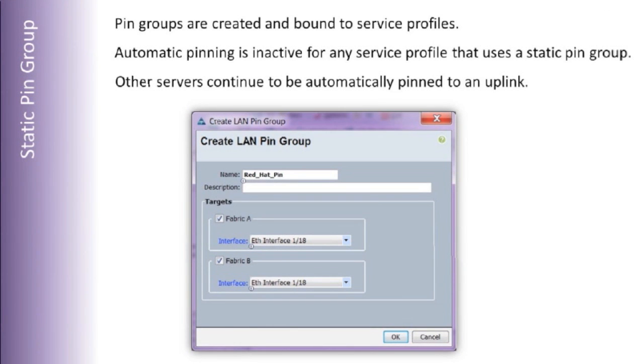So we can create a pin group. Notice when we create a pin group, we're saying, okay, I have some Red Hat operating systems. I'm going to name this the Red Hat pin group. And I am literally going to indicate what uplink ports are my target for this particular entity.